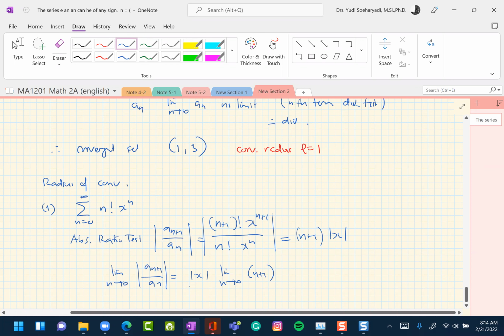So the limit is going to be 0 if x is 0.